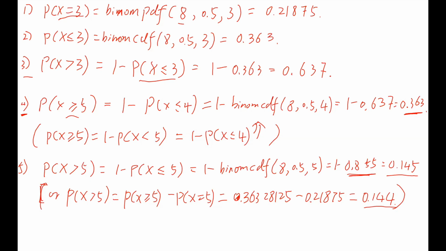Is that right? But you see that there is a subtle difference here. But if we do this one, using 0.5, and here is going to be 5.